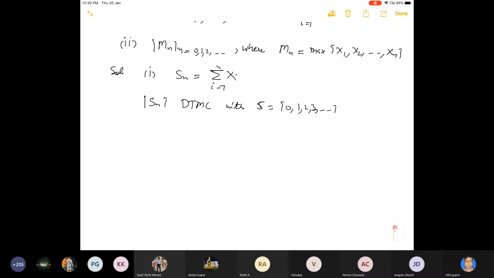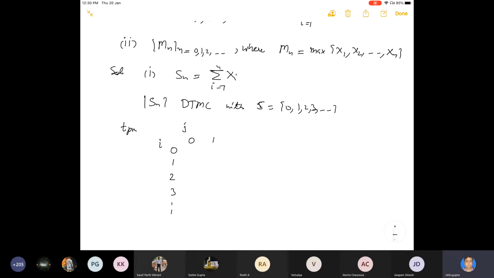Now we want to find the TPM. If initial state i, final state j, i can take value 0, 1, 2, 3 and so on.